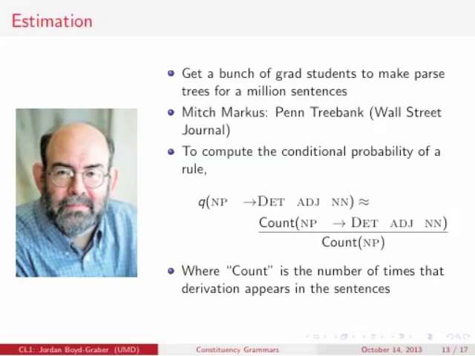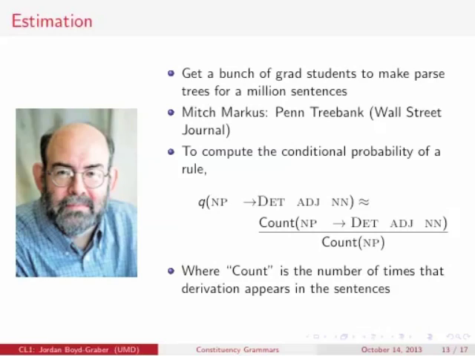So how do you estimate a probabilistic context-free grammar from data? Typically, the answer is to get a bunch of sentences and parse them. And most famously, this was done by Mitch Marcus, who parsed 1 million sentences from the Wall Street Journal. And this requires fairly sophisticated annotators, so for example, linguistics grad students. But once you have a bunch of parse trees, it becomes fairly easy to compute the conditional probability of a rule.